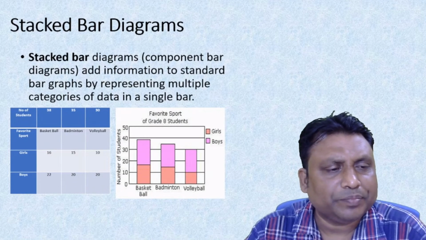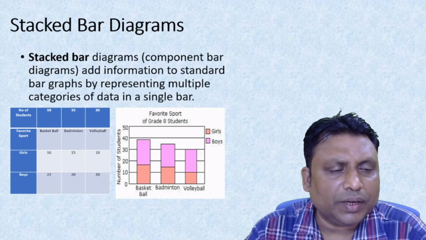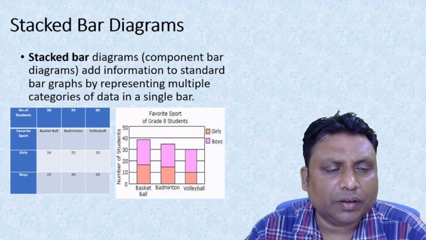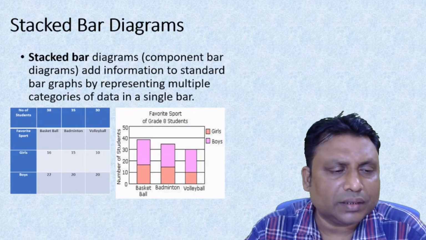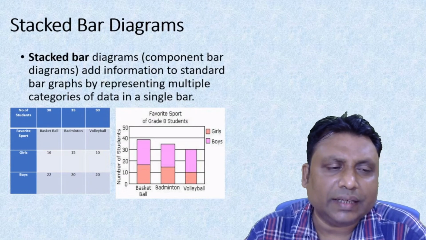Here you see the number of students: 38, 35, and 30. Favorite sports: basketball, badminton, and volleyball. How many girls? 16. How many boys? 22. That means there is so much data here.